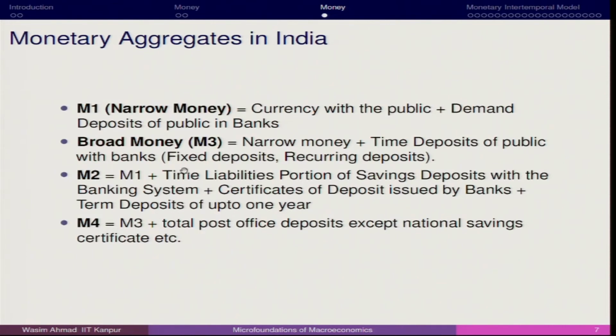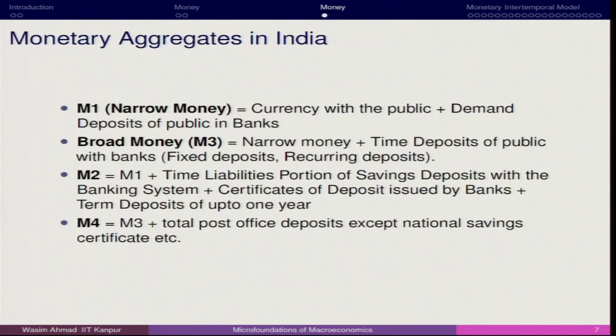M4. In most government reports, if you are reading the Economic Survey or any document, you will see that they mention narrow money and broad money. Here M4 includes the total post office deposits except holdings of government bonds, what we call the National Savings Certificate. It also has durations of 7 to 8 years.